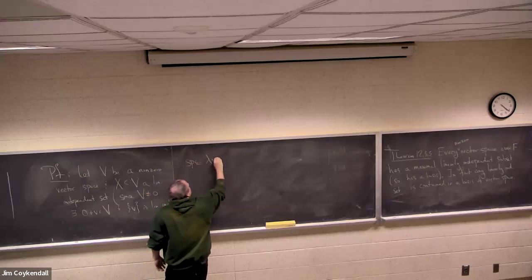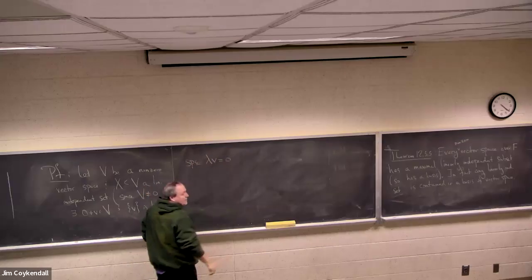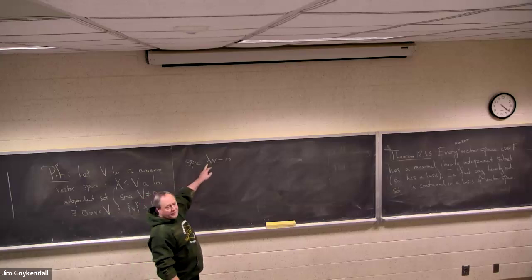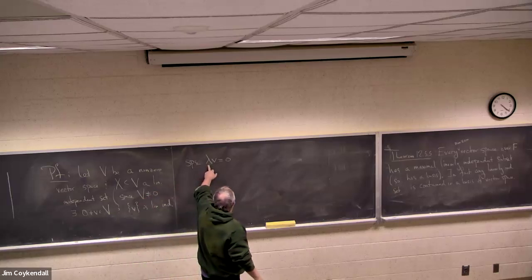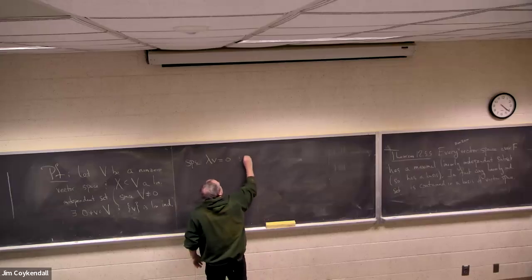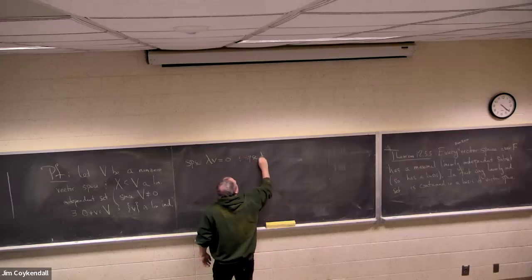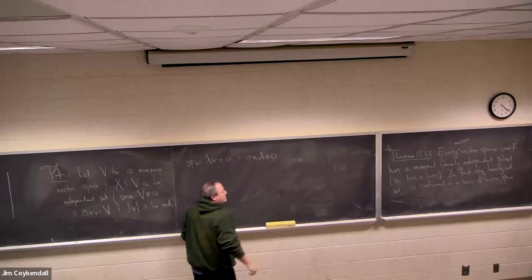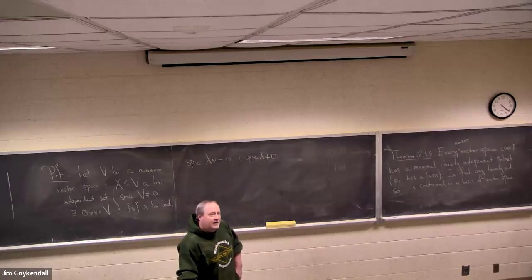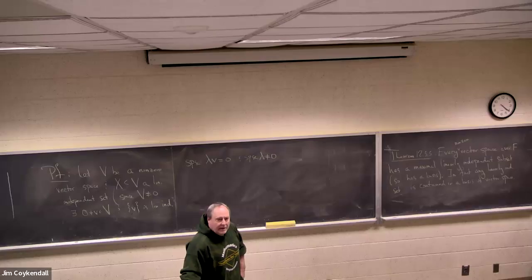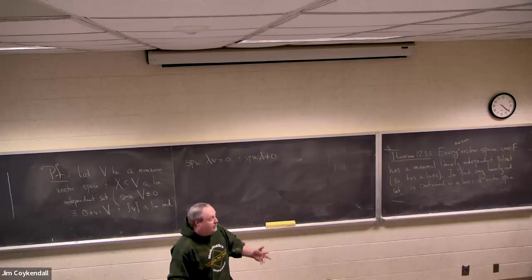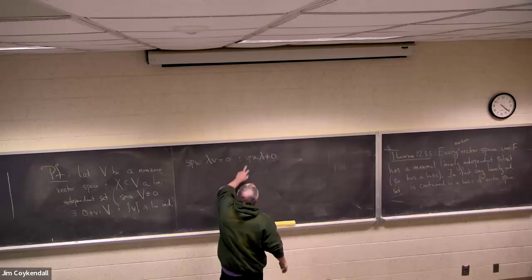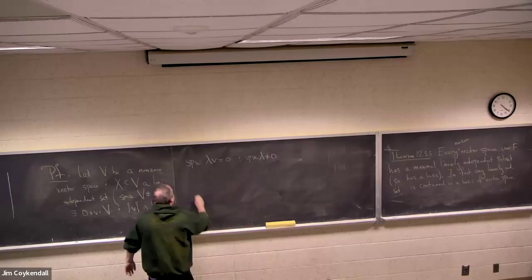Suppose lambda times v is zero, and suppose lambda is not zero. Well, if lambda is not zero, then since we're over a field or division ring, lambda inverse exists.